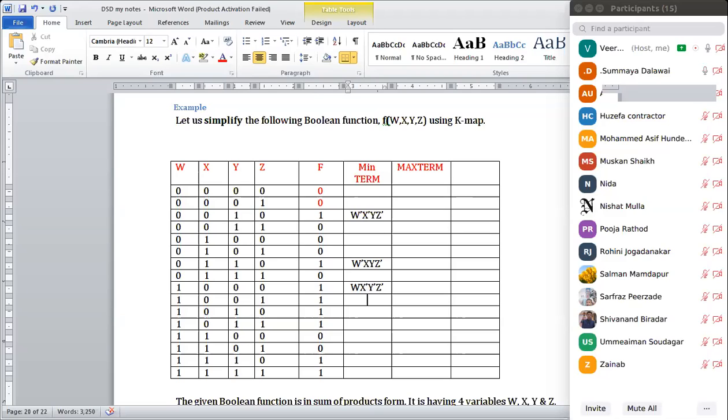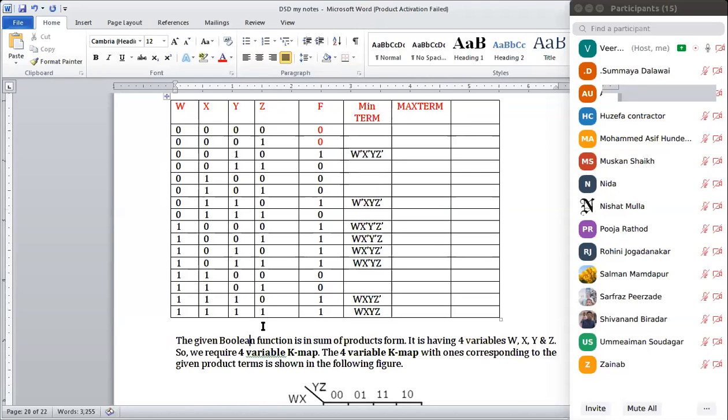Then here W, X bar, Y bar, Z. Now here W, X bar, Y, Z bar, and here it is W, X bar, Y, Z. Now here W, X, Y, Z bar, and W, X, Y, Z. So this is the general equation I will get.